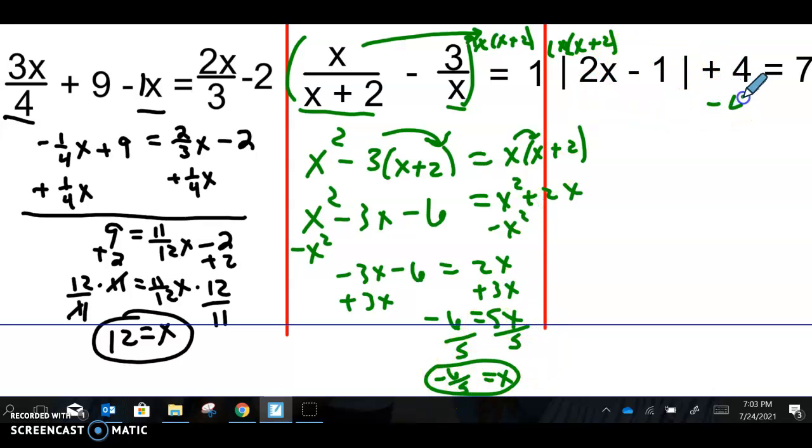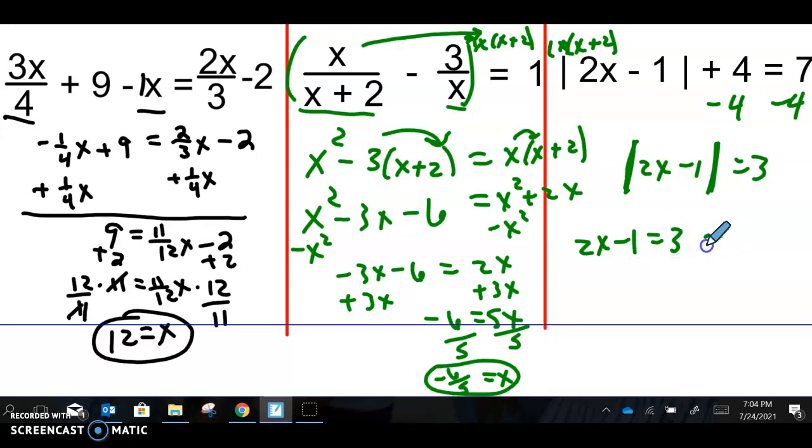Absolute value equations, we have to isolate the absolute value first. And then whatever is inside the absolute value, which in our case is 2x minus 1, is either equal to positive 3, just like it says here, or it's equal to negative 3, because the absolute value of negative 3 would also be 3.